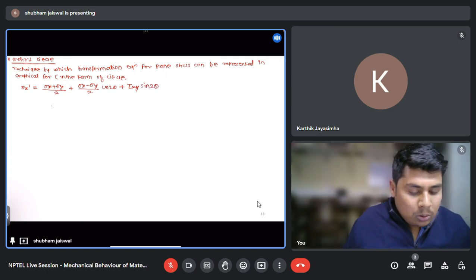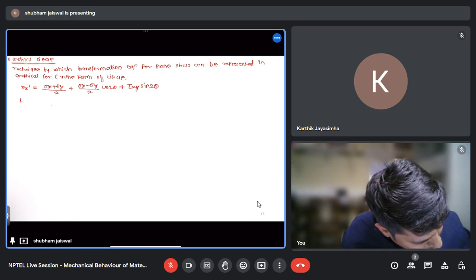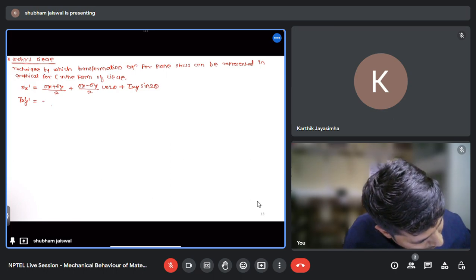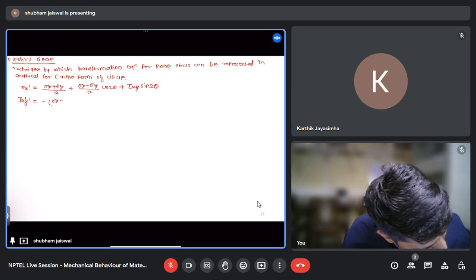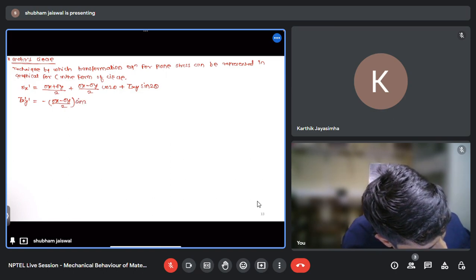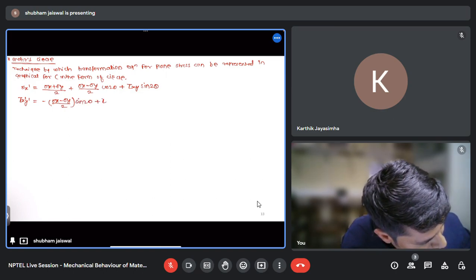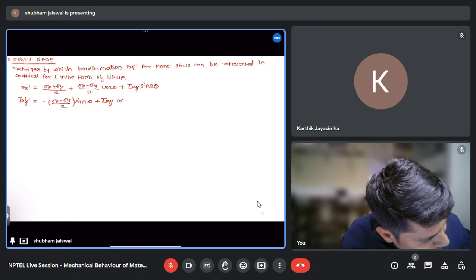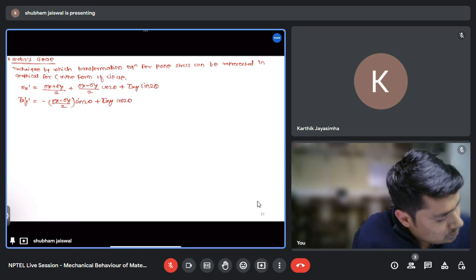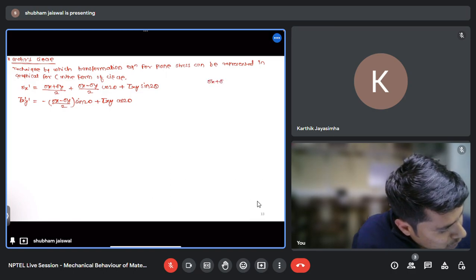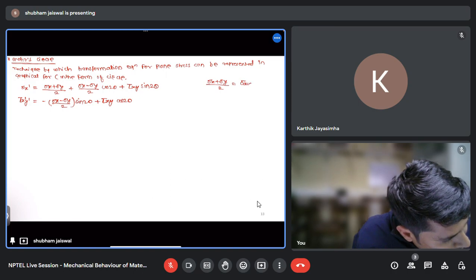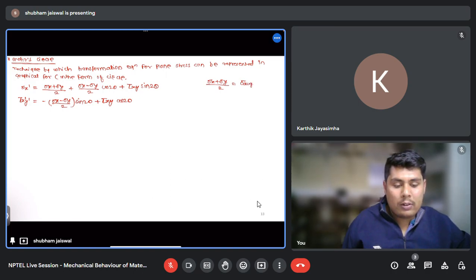And tau x prime y prime is given by minus (sigma x minus sigma y) by 2 sin 2 theta plus tau xy cos 2 theta. Now consider (sigma x plus sigma y) by 2 is equal to sigma average, that is the average stress.